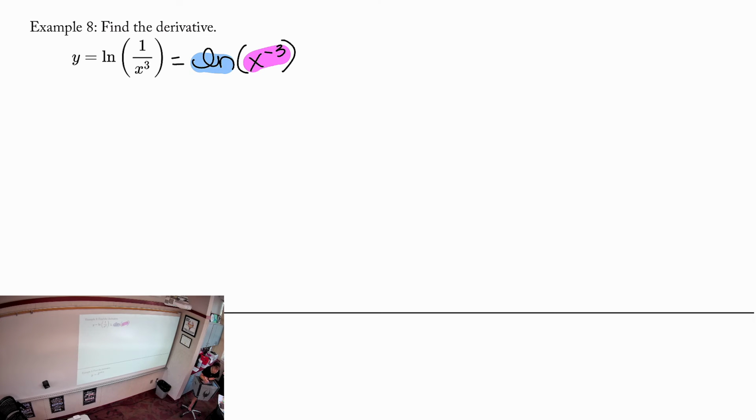Yes. So y prime is ln, which is 1 over x to the negative 3, multiplied by the derivative of x to the negative 3, which is negative 3x to the negative 4.